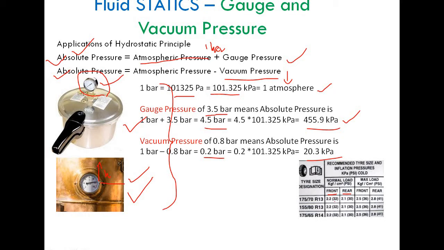You see here it is 2.2 kilogram force per centimeter square, and in brackets you see also 32. Similarly here you see 2.1 kilogram force per centimeter square, and in the bracket you see it is 30. Similarly here also 2.8 kilogram force per centimeter square, in the bracket you see 41.